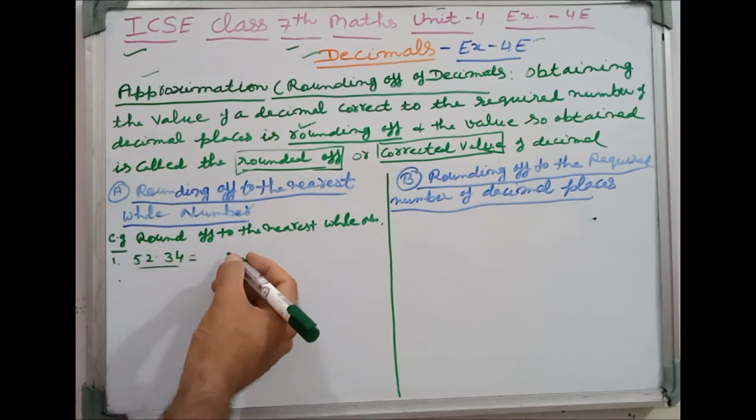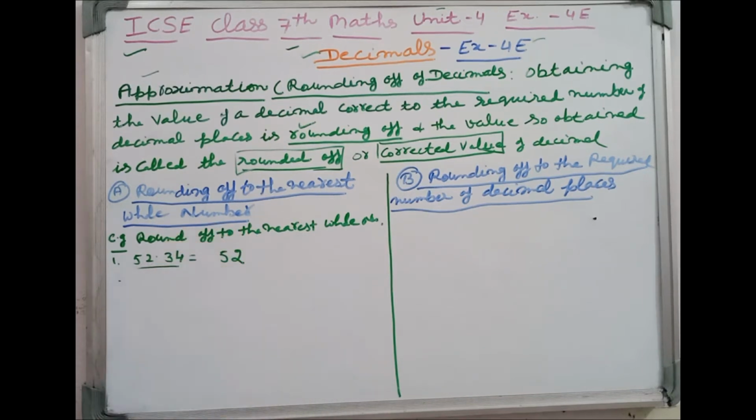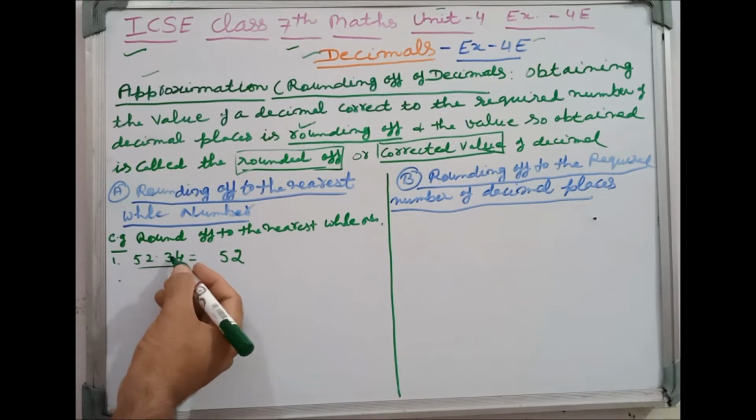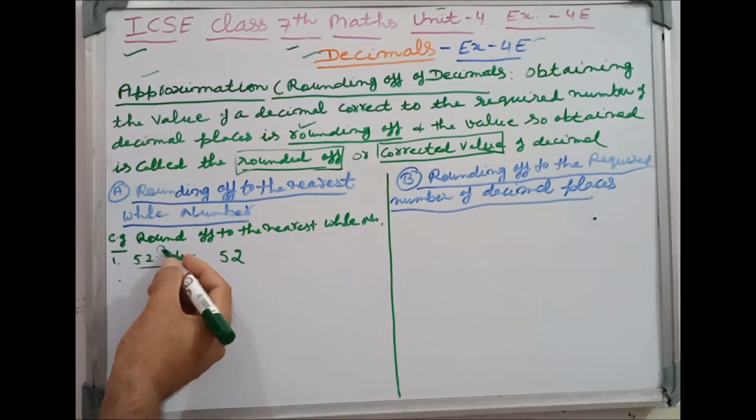We will write it as it is, 52. Now we will see the first digit to the right of the decimal, that is 3.